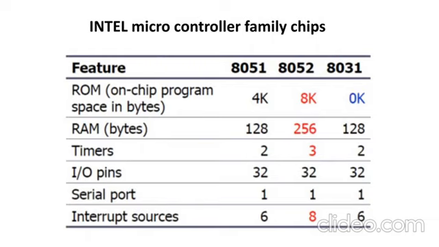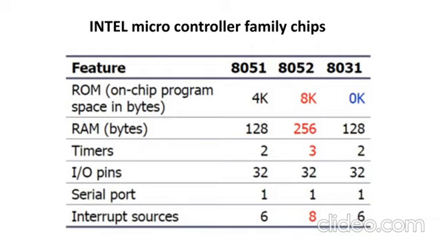Compared to 8051, 8052 is double: if 51 has 4K, 52 has 8K, whereas in 31 you have 0K, there is no internal ROM. Now the RAM: the internal RAM size in 8051 is 128 bytes.